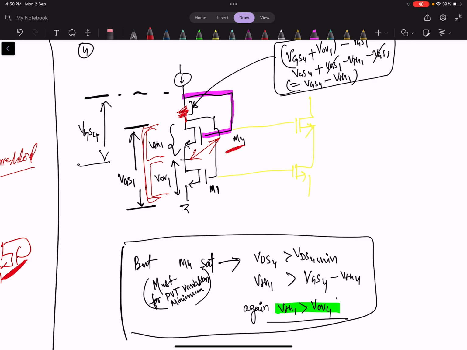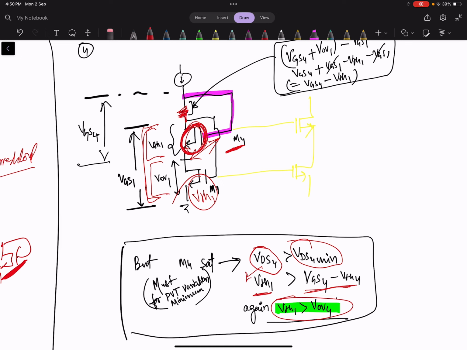Then VDS4 should be greater than VDS minimum of M4, and that is VGS4 minus VTH4, and this is equal to VTH1. So again the requirement is that the threshold voltage of M1 should be greater than the required overdrive voltage of this.